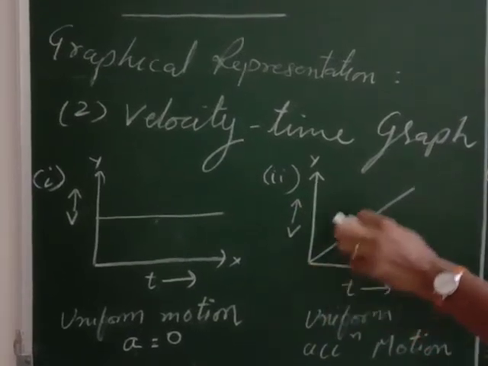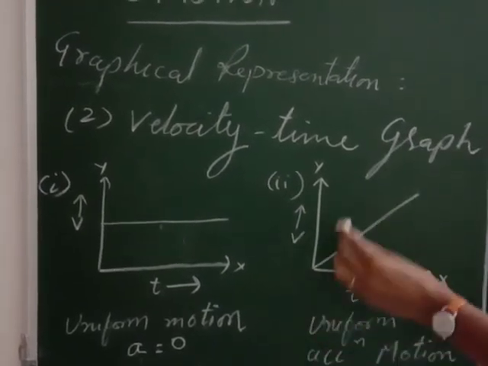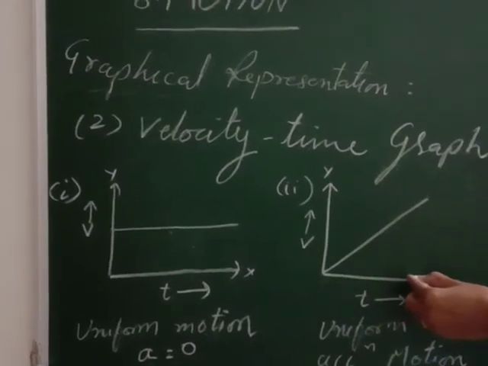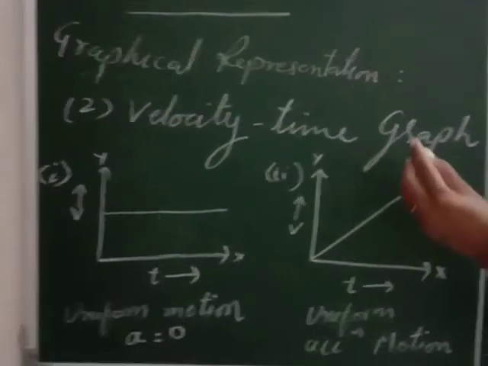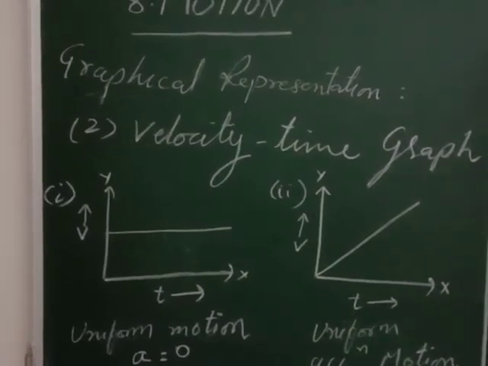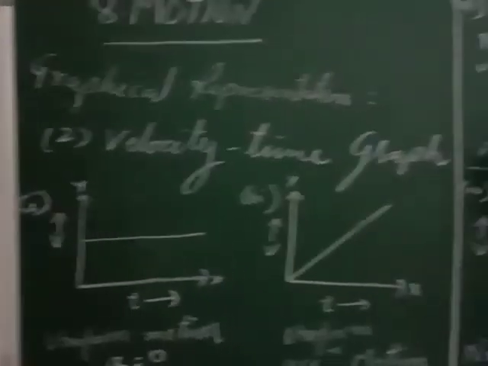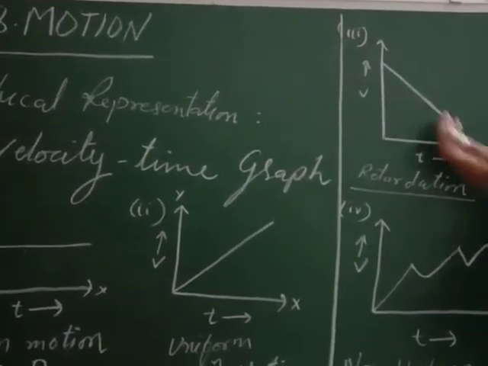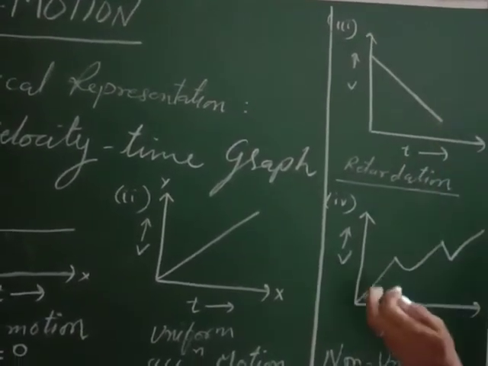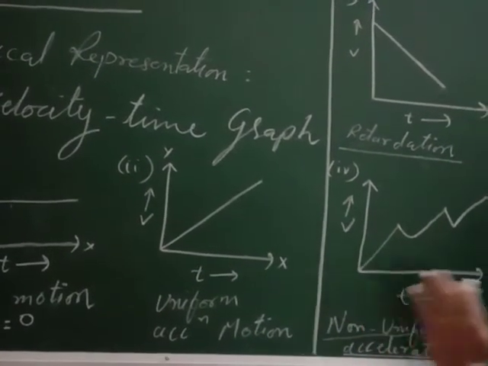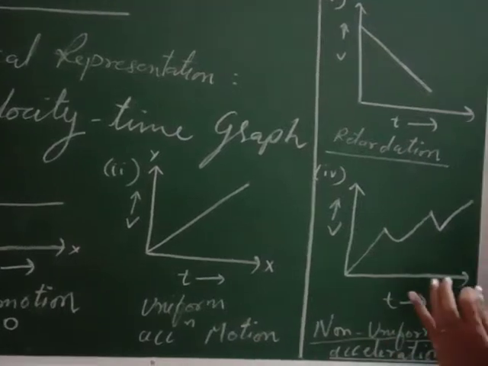If the line is moving upward, that means the velocity is increasing with change in time, so this is uniform accelerated motion. If it is coming downward, then it is uniform retarded motion. That means the velocity is decreasing. And if you are getting this type of graph, then we say non-uniform accelerated motion.